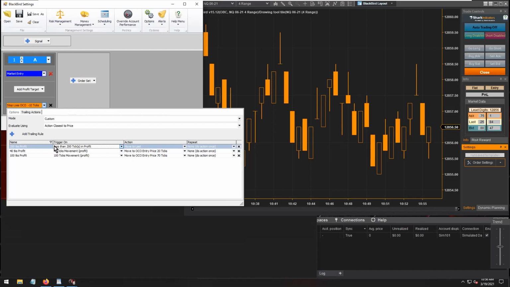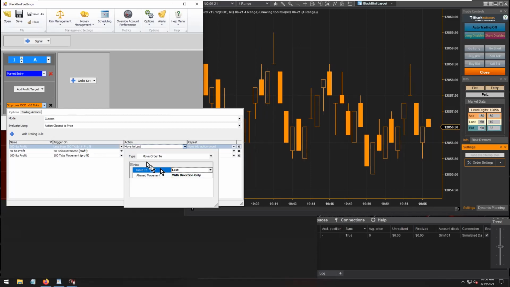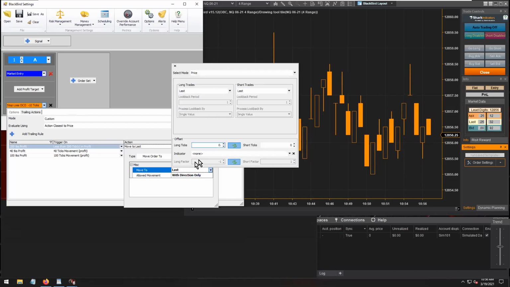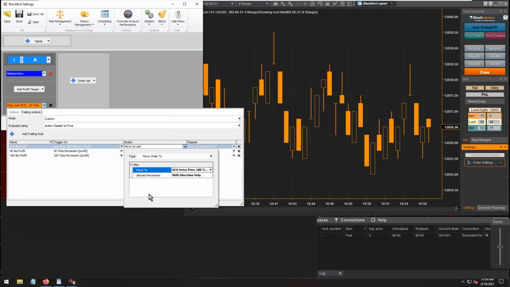And so when we hit 200 ticks of profit, our action is going to be from the entry price. We're going to tighten that stop loss up quite a bit, and it's going to be 180 ticks offset from the entry price.